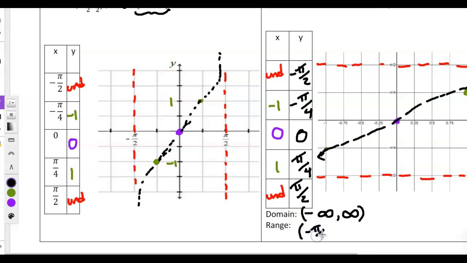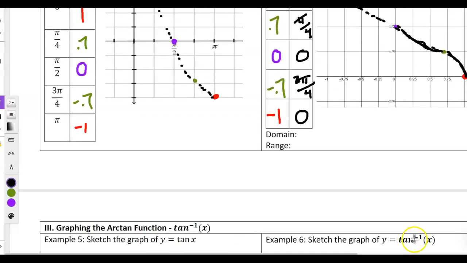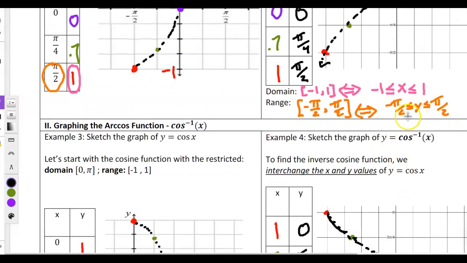Okay. Now the big reason on why these are parentheses is this. Can you spot the difference between this right here and this one right here?